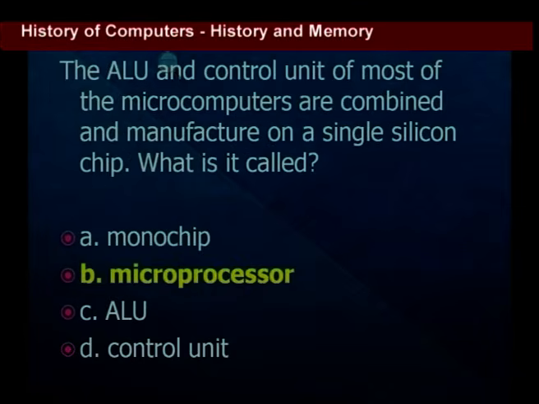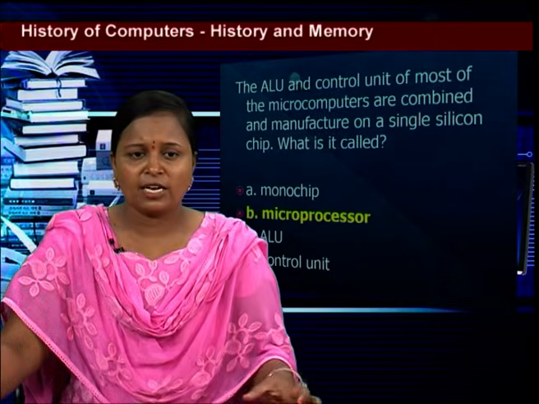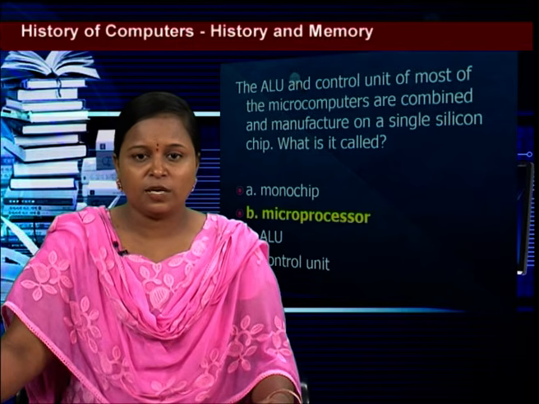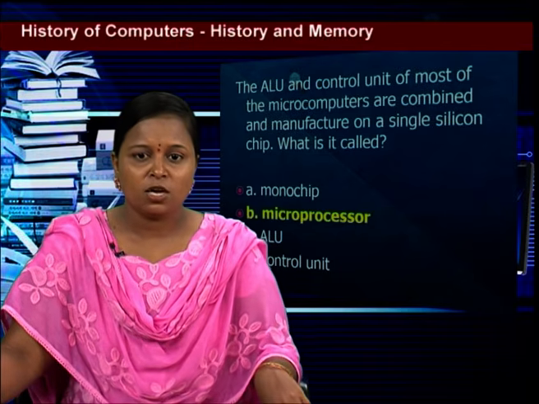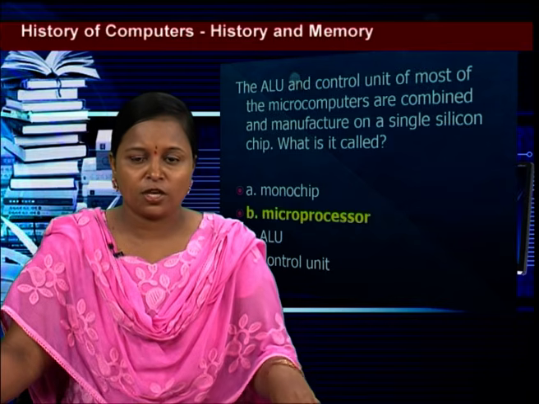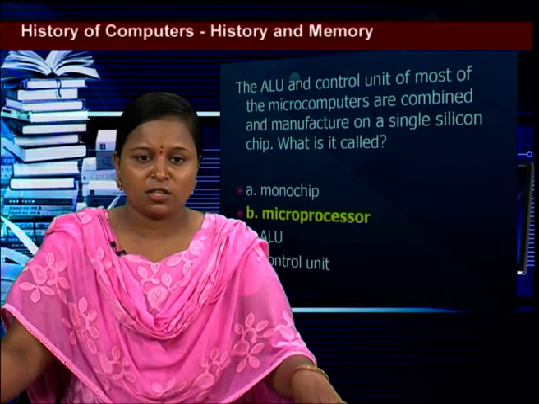Next, coming to the question: the ALU and control unit in most microcomputers are combined and manufactured on a single silicon chip. What is called a single silicon chip? A single silicon chip consists of the CPU. CPU means central processing unit. It consists of the motherboard.